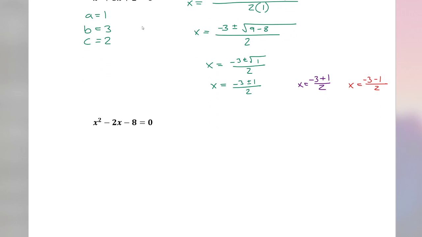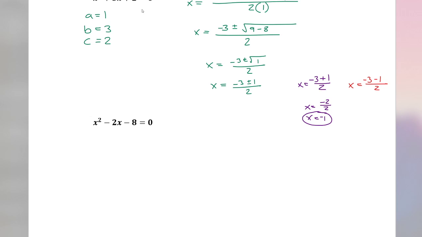And let's go back to this. So negative 3 plus 1 is negative 2 over 2. Negative 2 divided by 2 is negative 1. So this is our first root.